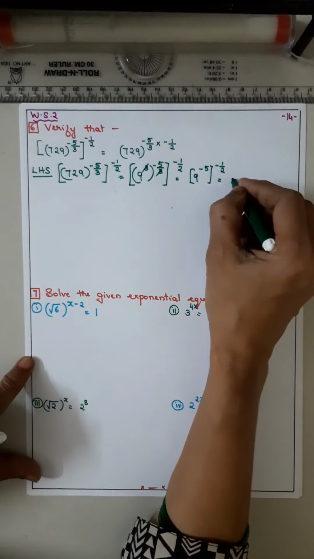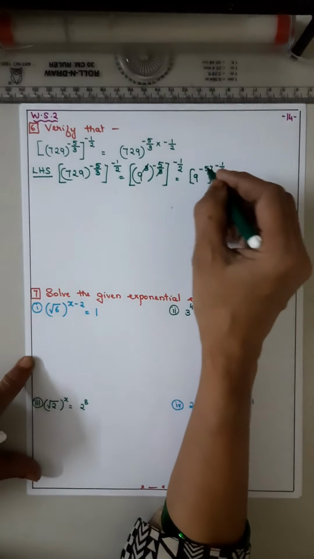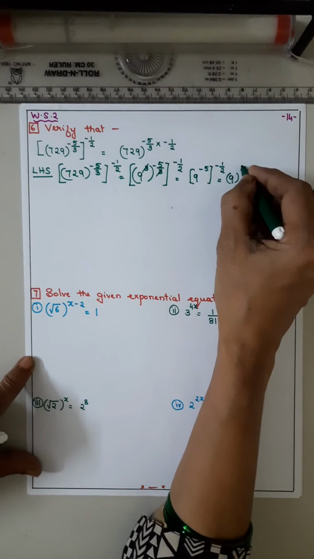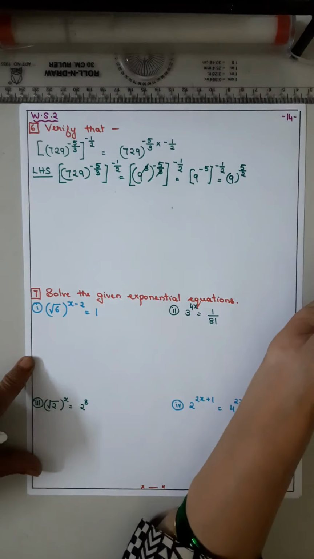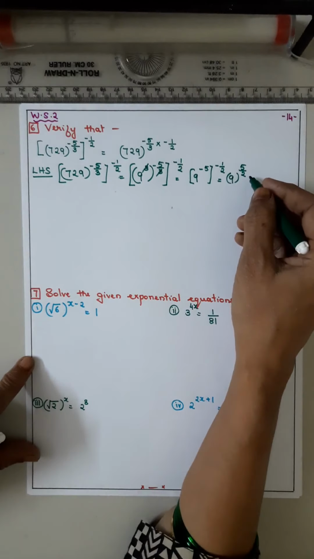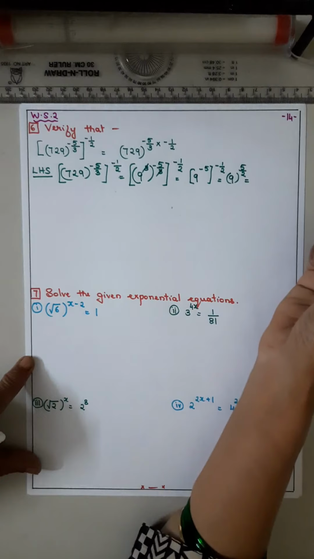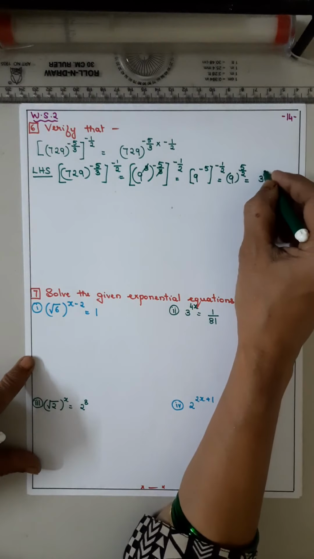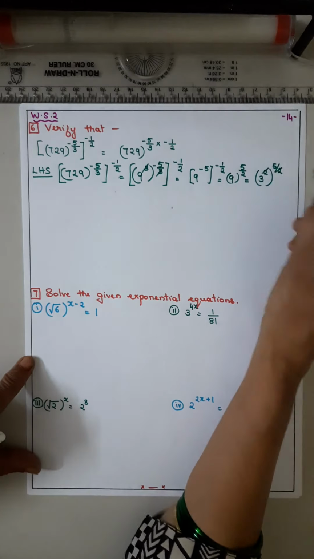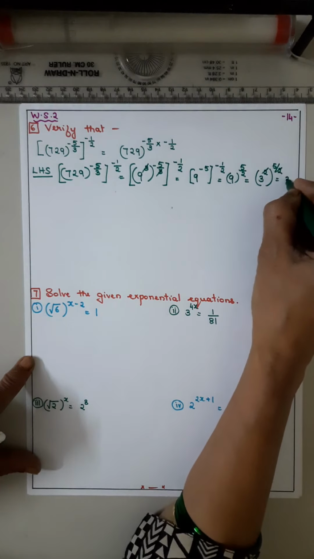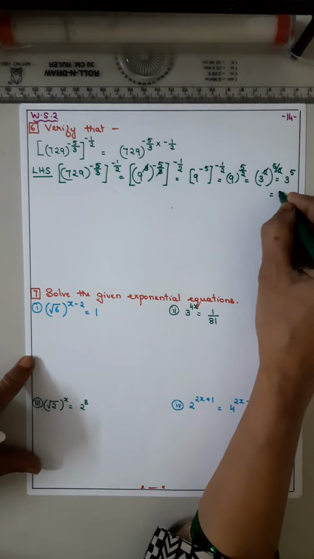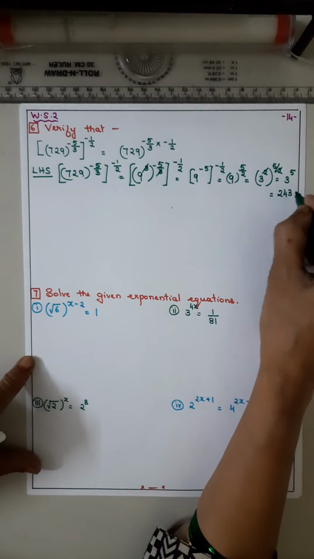That means 9, minus minus becomes plus, 9 to the power 5 by 2. Okay, now in the power, the denominator is having 2. So 9 can be written as 3 square the power 5 by 2. 2 gets cancelled, that is 3 to the power 5. So 3 to the power 5, it will be 243.